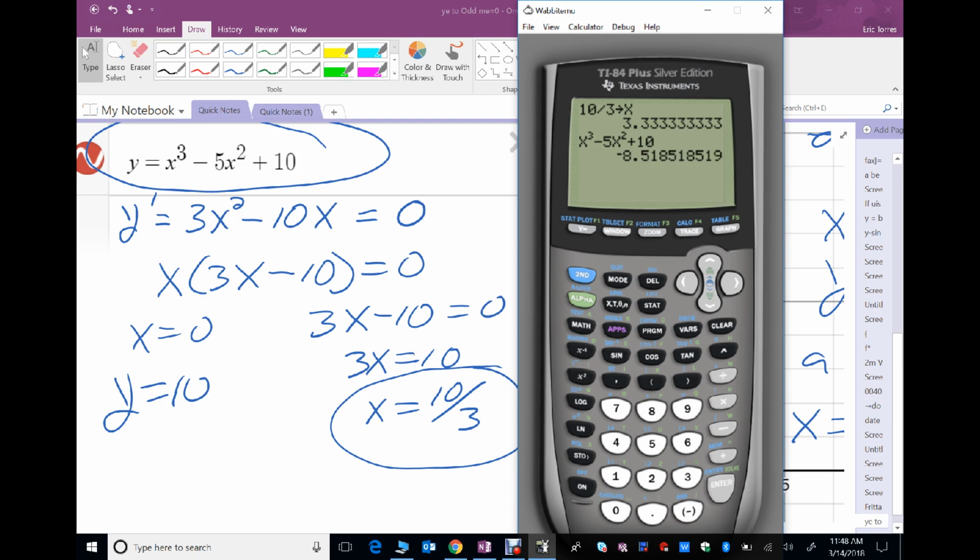I do not want a decimal approximation. So, number one, put my answer as a fraction, gives me my exact answer, negative 230 over 27. So I both have a decimal approximation, negative 8.52 if I wanted to round it to the hundredth place, or the exact answer, negative 230 over 27.